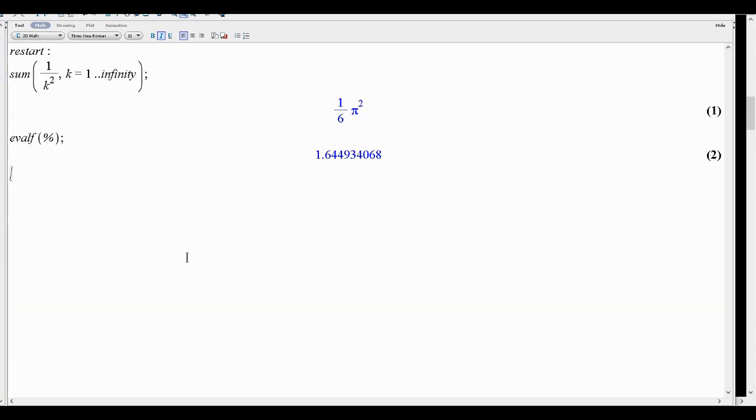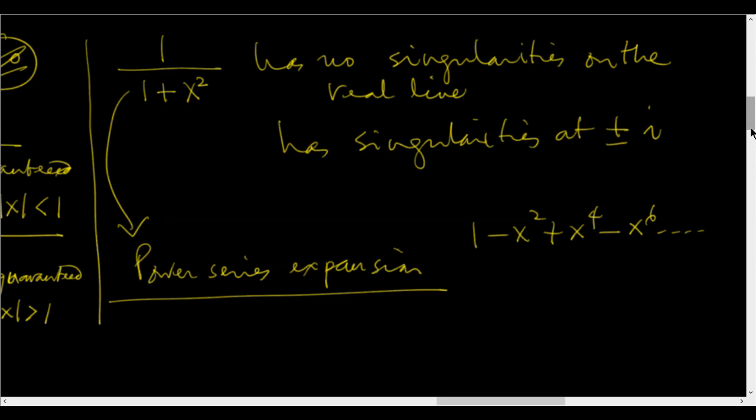So I can say Taylor 1 by 1 plus x squared, x 13. You see, that's the power series. Alright, so it has this power series, and then you see convergence requires modulus of x less than 1.